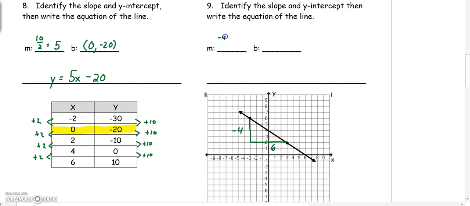So my slope is negative 4 over 6, negative 2/3. My y-intercept is where I intersect the y-axis, and in this case, I intersect at 4. So my y-intercept is 0, 4. So my equation would be y equals negative 2/3 x plus 4.